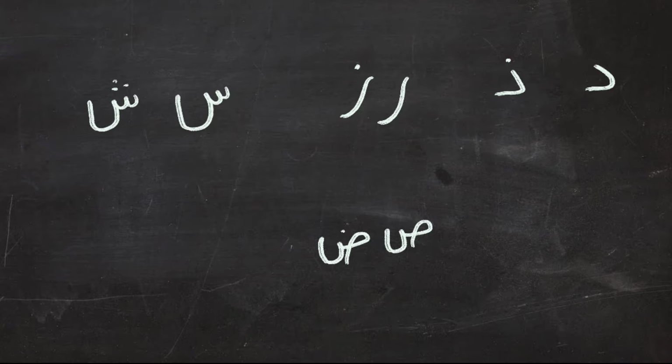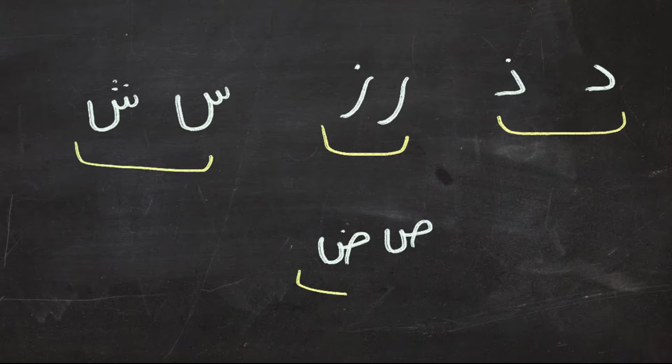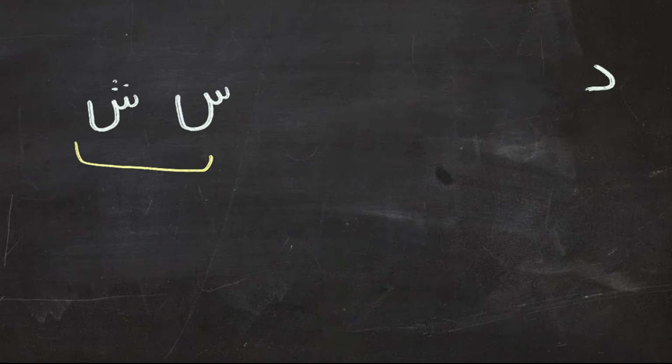So these are the 8 letters that we are going to be talking about in the second lesson. As you can see, I've written down these letters in pairs to show you that these letters belong to the same family. So the first 2 belong to the same family, means that they behave the same way, and so on and so forth. We talked about that last time, and we explained that letters that belong to the same family behave the same.